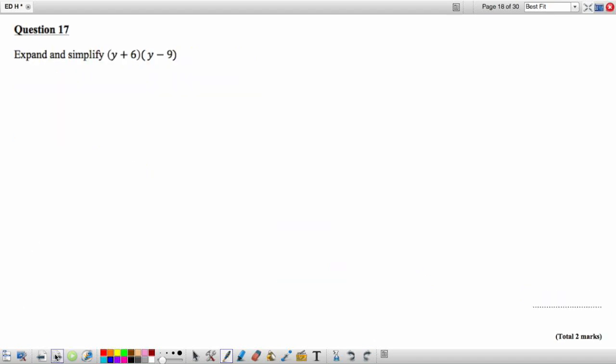Question 17. Expand and simplify. Here we have a double bracket with a negative here in the second part to be careful of. We must multiply everything in the first bracket by everything in the second bracket. Start by multiplying y by y, which gives us y squared.